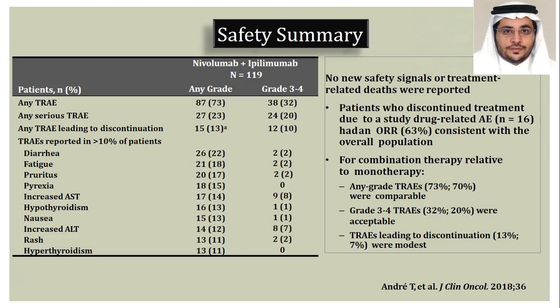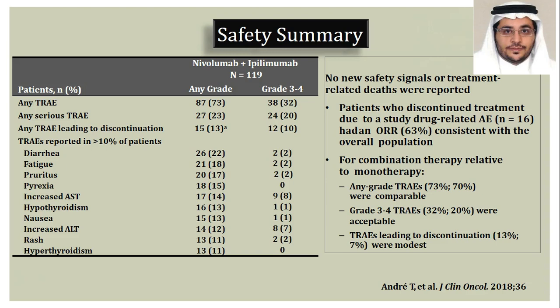Now, the side effects of this combination therapy: as we said before, you remember that nivolumab and ipilimumab, when added in renal cell carcinoma, Shawqi and Ahmed, showed huge side effects. This is not true in colorectal cancer, and we cannot explain why, although again, it's only a phase 2 trial.